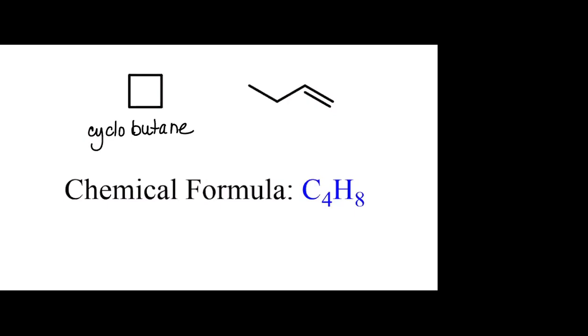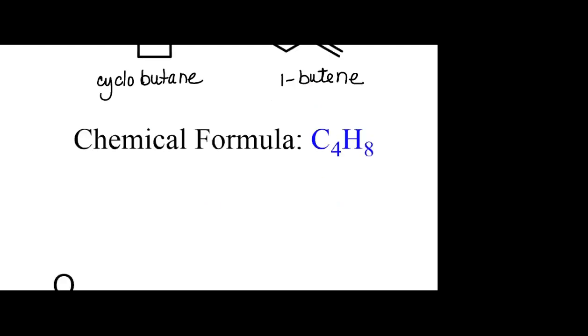It's an alkene. Excellent, 1-butene. So as you guys can see, cyclic alkanes and alkenes, as long as they have the same chemical formula, they are constitutional isomers of each other.